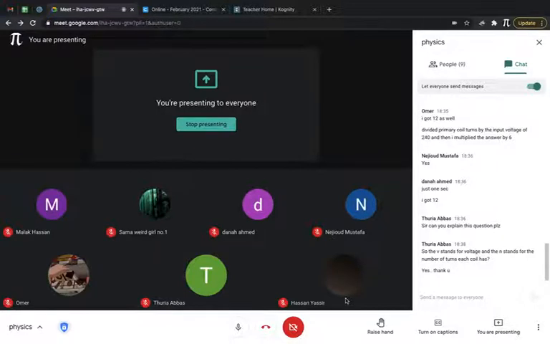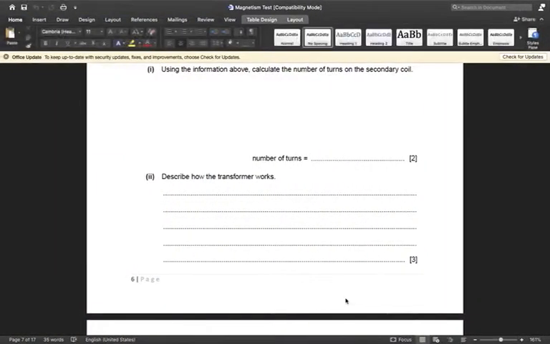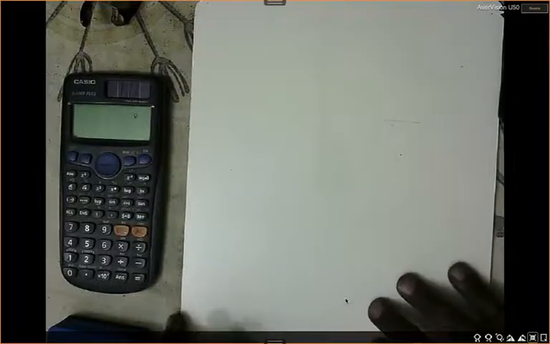I showed it to you last class when we spoke about transformers, because if you have thoughts all over the place, you wouldn't be able to hit the exact answer and the exact terminologies that the examiner needs you to write down. How a transformer works is divided into 3 sections.